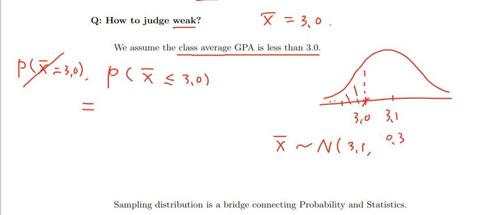I remember n is 25, right? In our class we have 25 students, so radical n is 5. So 0.3 over 5 is 0.06.